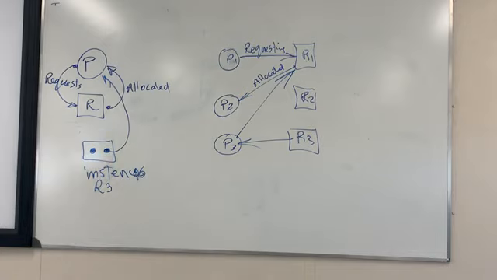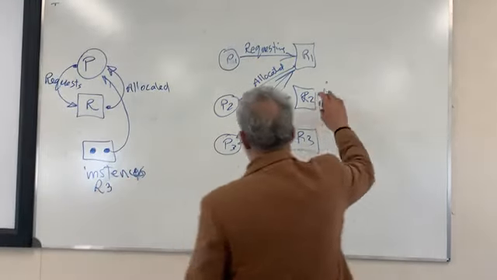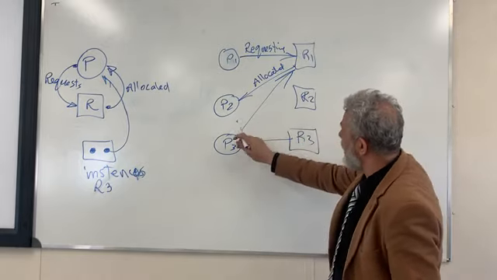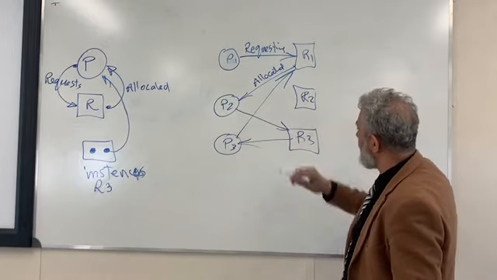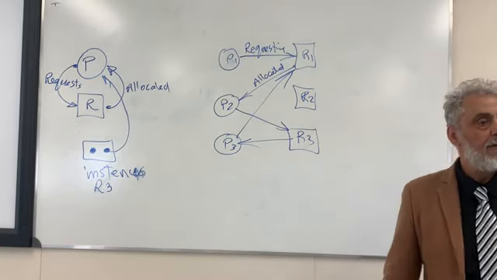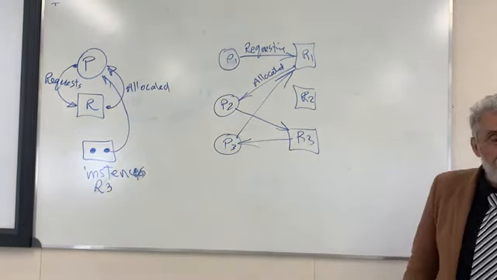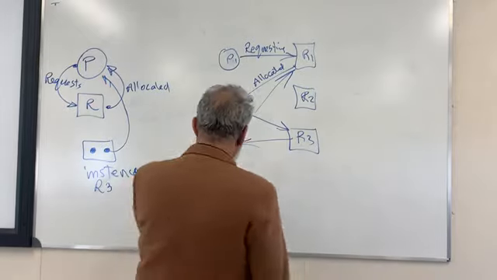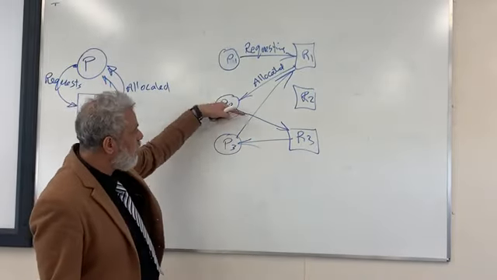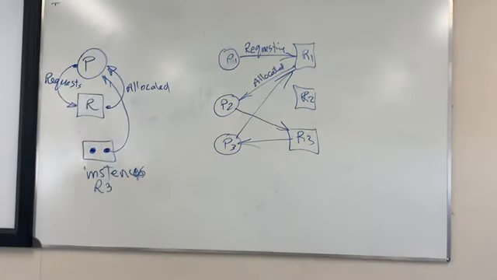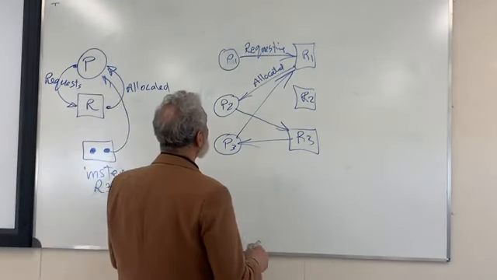Process 3 is requesting resource 1. But resource 1 is allocated, and so on. Okay. What about this? What does this say? Start again. Process 2 is requesting resource 3. Okay. So, what else shall we have?